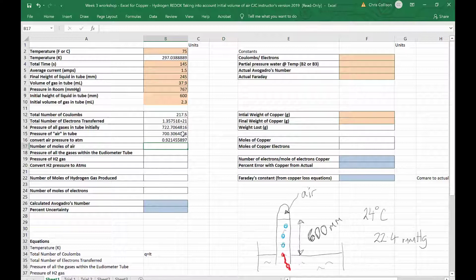Now we want to come back and think about the ideal gas equation here. So the number of moles of air in that tube is going to be simply equal to the pressure times the volume divided by the ideal gas constant times the temperature. So that's equal to the pressure, which is B16, multiplied by the volume.